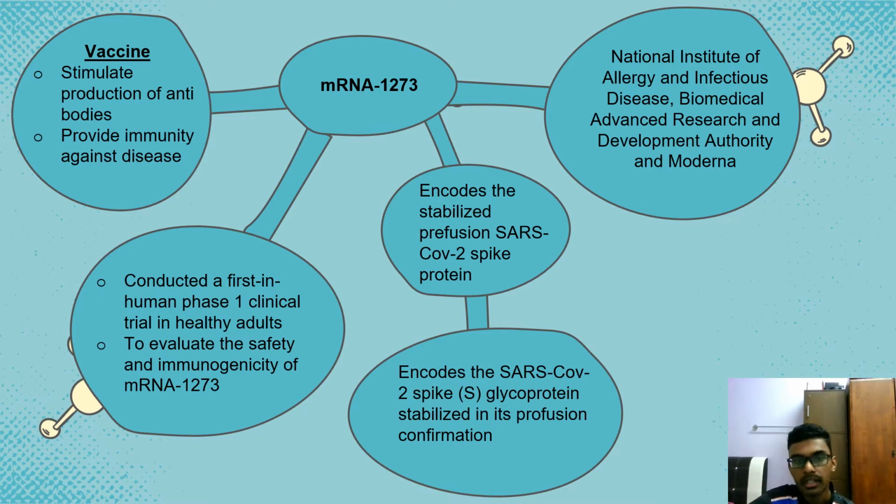Today my team is going to present one of the vaccines that have been developed recently by the National Institute of Allergy and Infectious Diseases, the Biomedical Advanced Research and Development Authority, and Moderna, which is known as the mRNA 1273 vaccine. This candidate vaccine, mRNA 1273, encodes the stabilized pre-fusion SARS-CoV-2 spike protein.